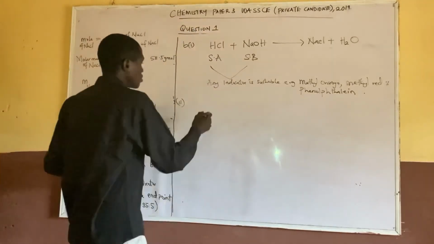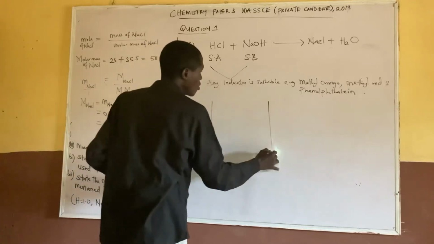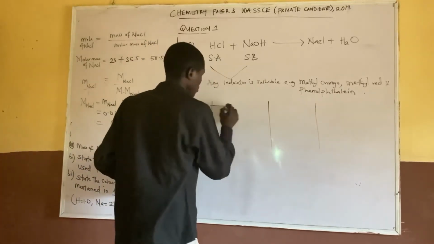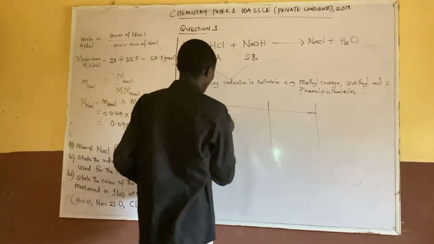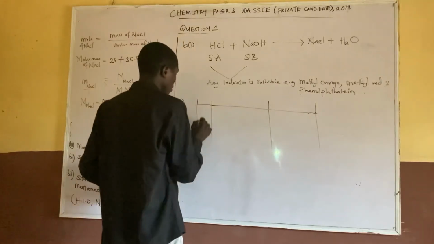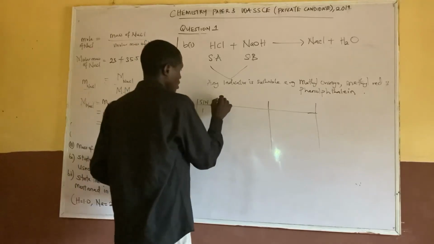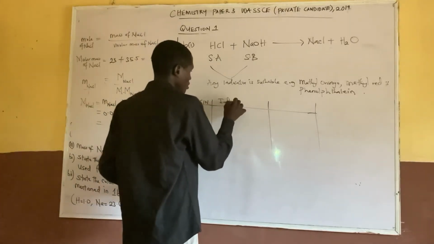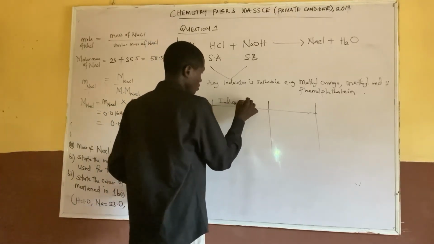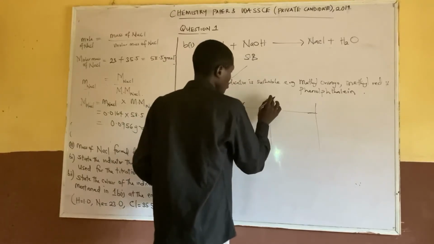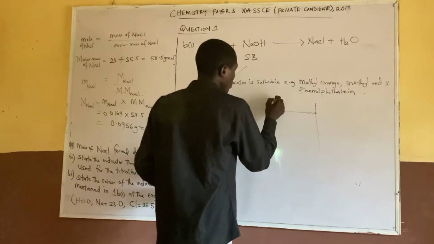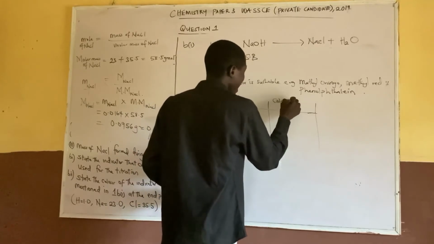So you are going to draw a table. We have indicator number 1, indicator, and color at the end point.